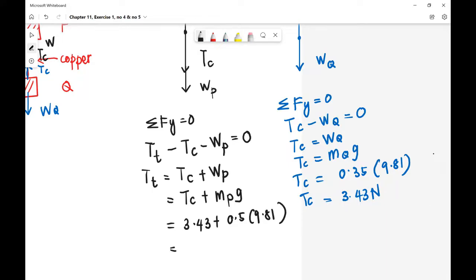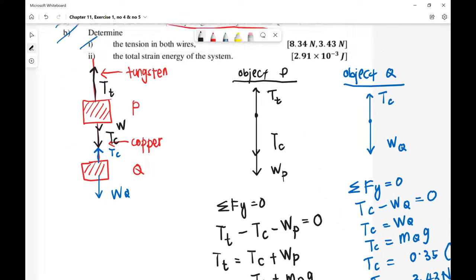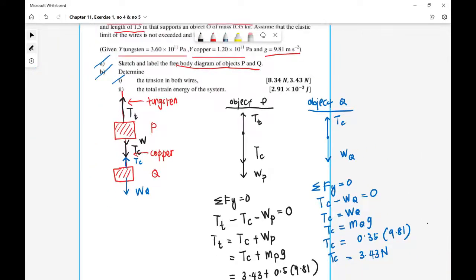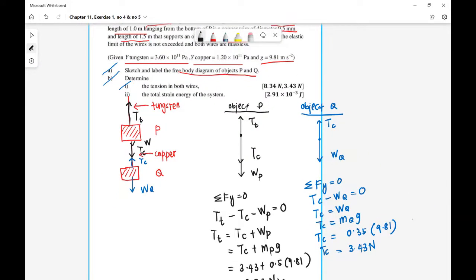So, dapat tension of tungsten is 8.34 Newton. Okay, so dah jawab soalan B part 1, tension in both wire.